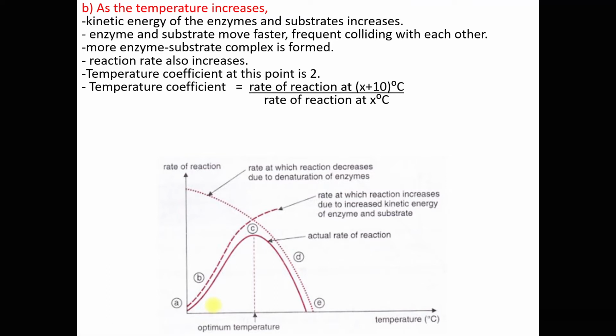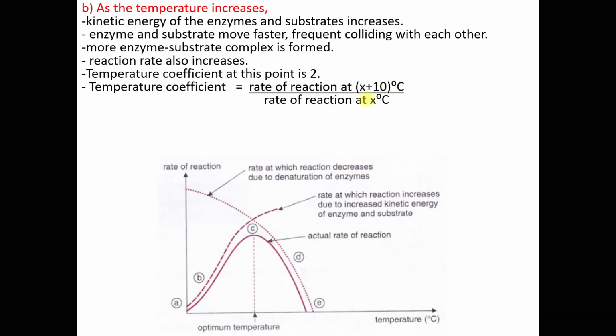The calculation is the rate of reaction at 20 plus 10, which is 30 degrees Celsius, divided by the rate of reaction at 20 degrees Celsius. So 30 divided by 20. So berapa tu? Okay, itu jawapan dia.